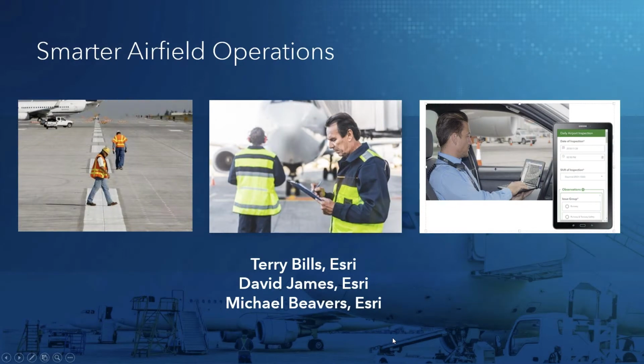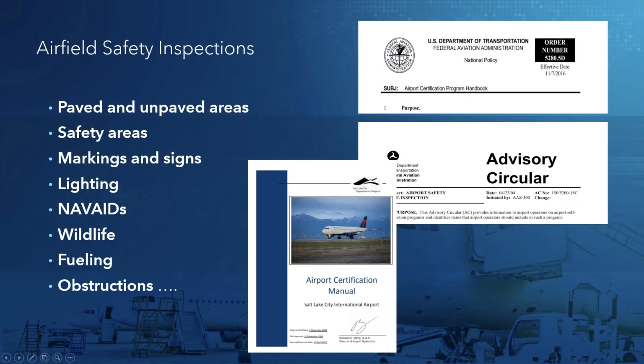I'm sure that most of you on the call today are familiar with either the FAA's Part 139 requirements or ICAO's Annex 14, and specifically with the airport self-inspection requirements.